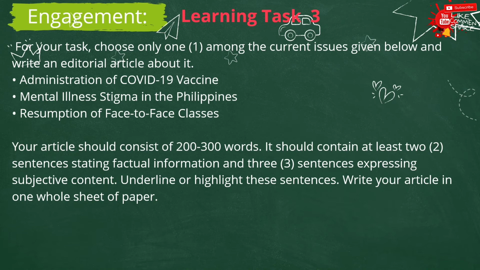Your article should consist of 200 to 300 words. It should contain at least 2 sentences stating factual information and 3 sentences expressing subjective content. Underline or highlight these sentences. Write your article in one whole sheet of paper.